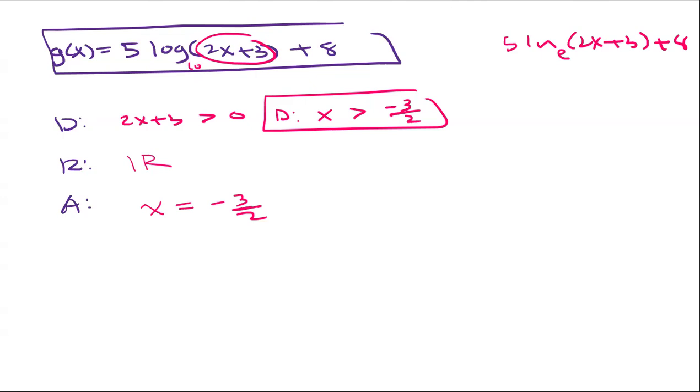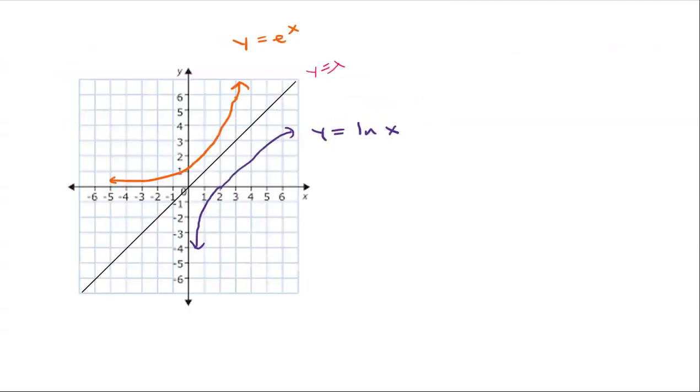But the way you solve an ln function and a log function is exactly the same thing. So again, if you have y equals e to the x, the inverse of that will be y equals ln of x. And the base of this is always going to be e. And again, that number just means 2.718.